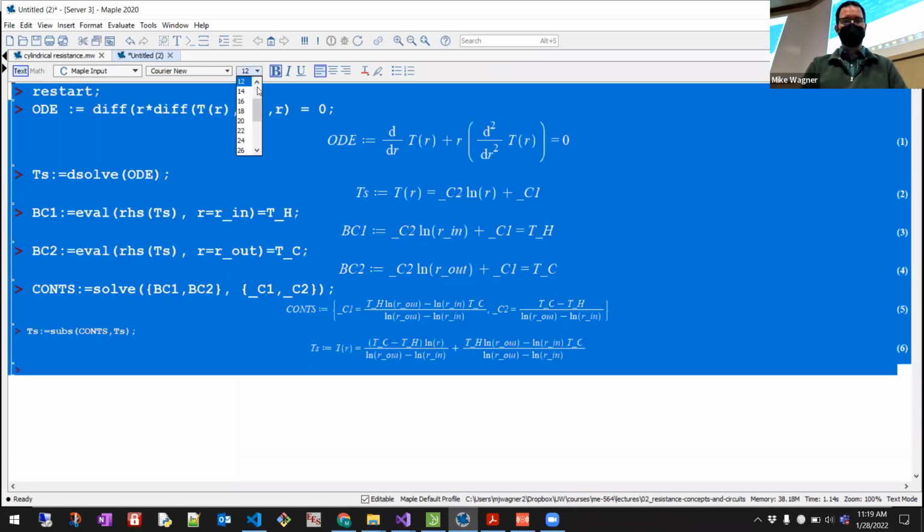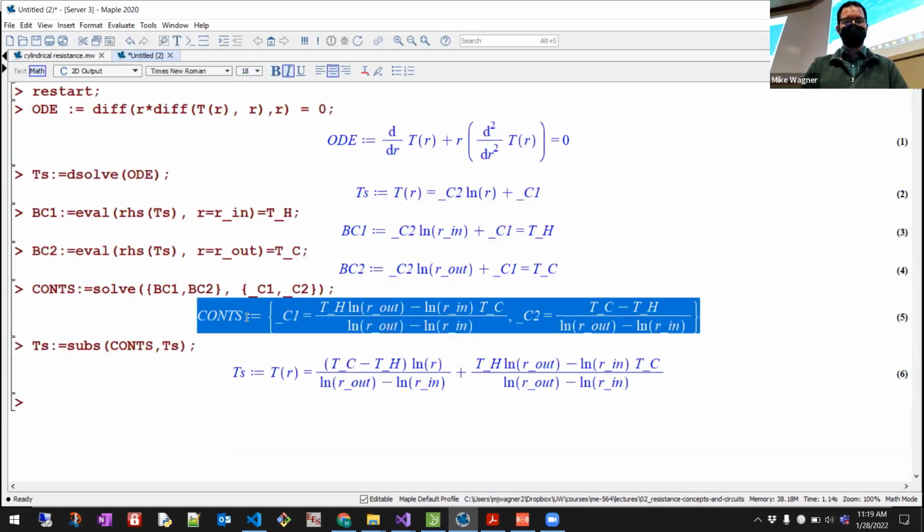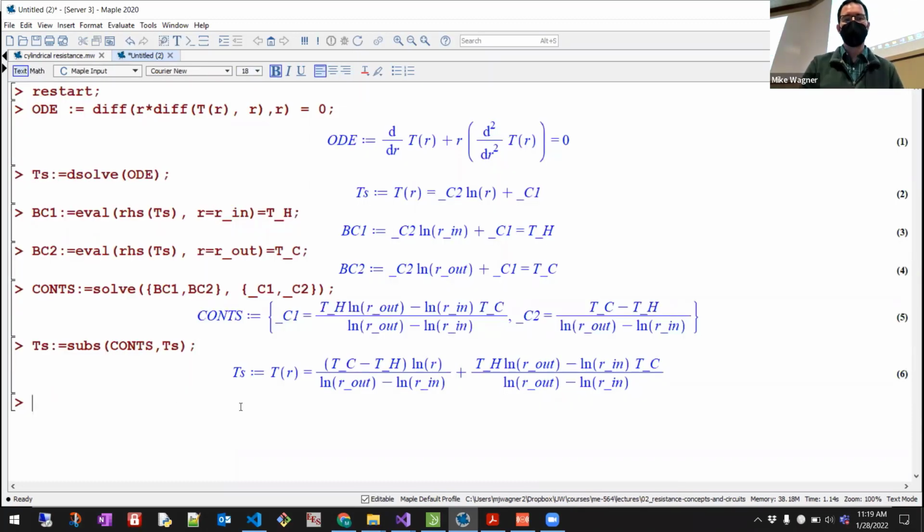Again, let's make this so you can see it. And now we have an expression, T as a function of R. You can see R appears in the expression. But this is our specific solution for this problem with the boundary conditions enforced.